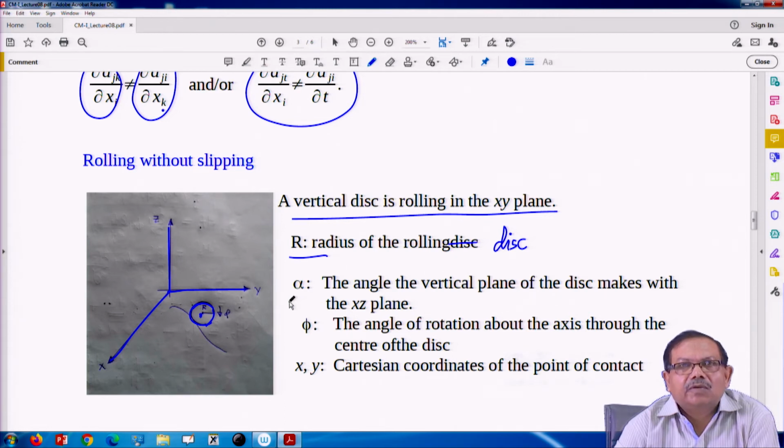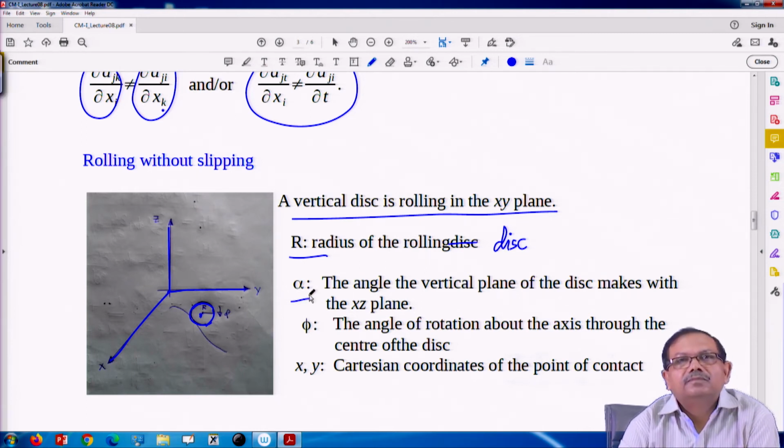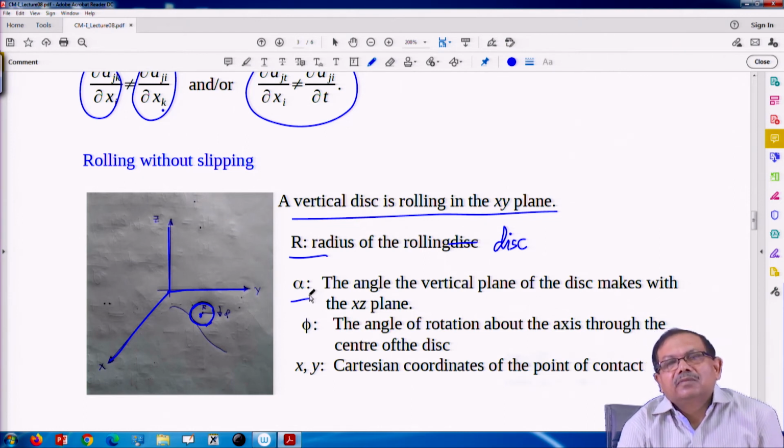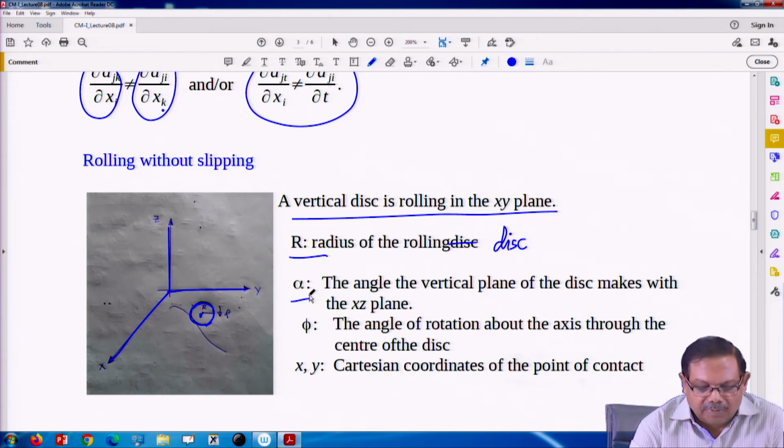So, the disc is always vertical. If it is not moving on the x axis, then it is making some angle with the xz plane. Similarly, if it is not moving on the y axis, it is making some angle with the yz plane. So, alpha I have decided as the angle it is making with the xz plane. You could have taken the angle with the yz plane, it is the equivalent problem, the same problem.